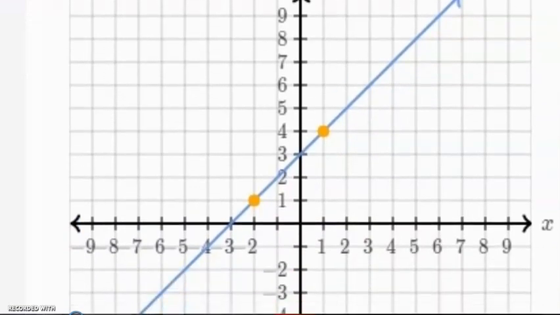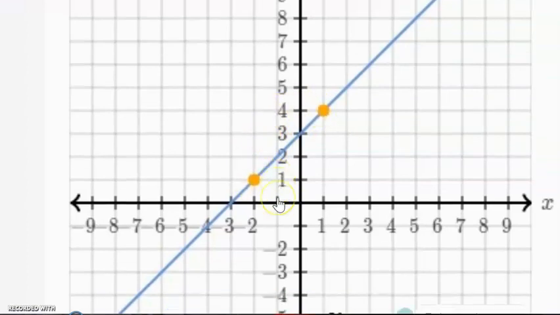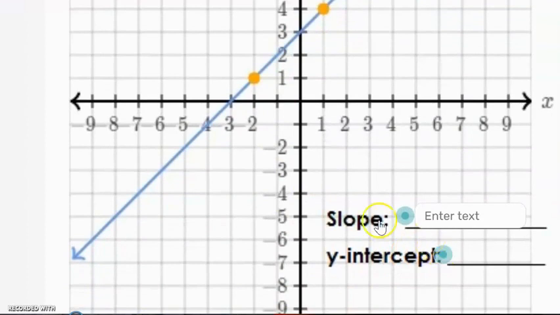So here we can see we have a line. We've got 2 points. To find the slope, we need to count the rise, 1, 2, 3, and the run, 1, 2, 3. So our rise is 3, our run is 3. How much do we go up and how much do we go over to get from one point to another? So here, my slope would be 3 over 3, which actually is 1.